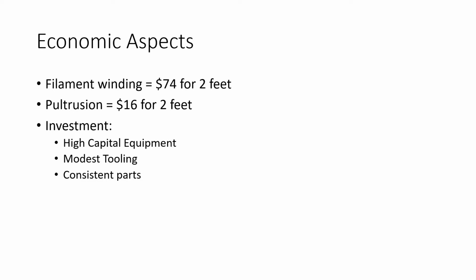With modest tooling, these processes can create consistent parts over time, which will lower the cost per product as production rates increase. However, it should be noted that both have a very high capital investment, with filament winding having a cheaper investment with higher material costs, and pultrusion having higher capital investment with lower material costs.